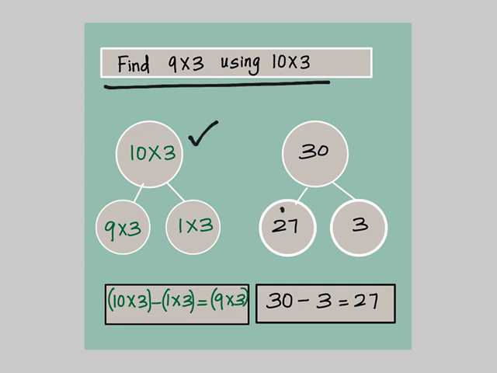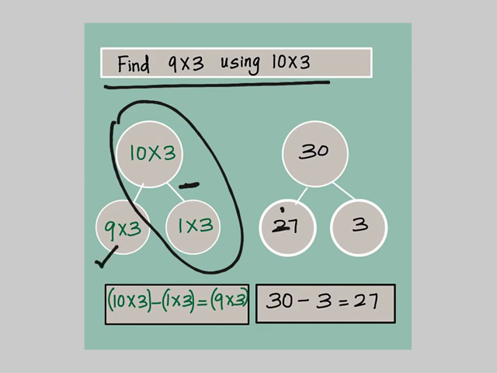And we know when we subtract 1 three from 10 times 3, we get 9 times 3, right? So in order to find 9 times 3, we can subtract 10 times 3 minus 1 times 3, which gives the answer 9 times 3.